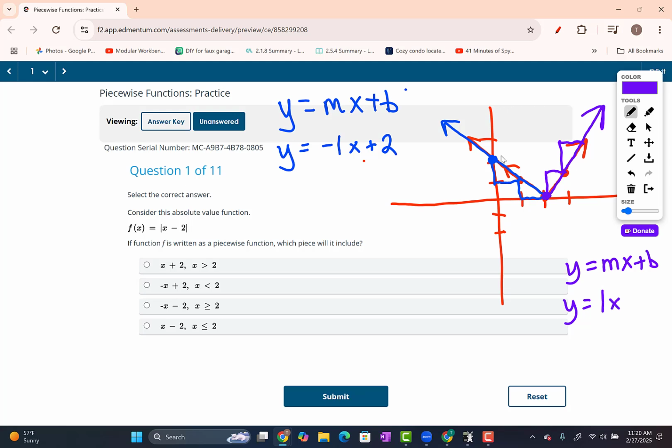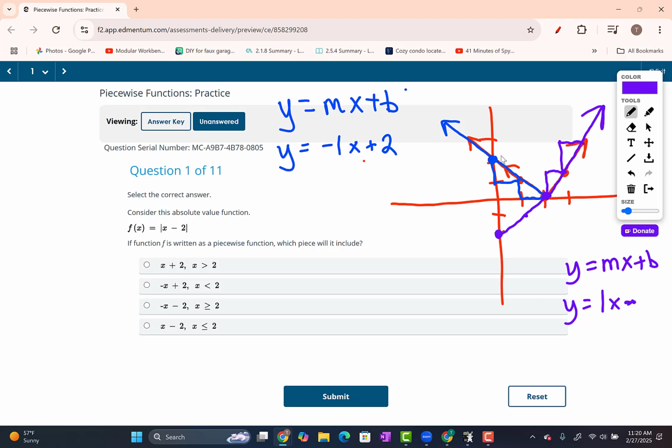Y-intercept is a little trickier to come up with. We've got to extend an imaginary part of this line until it intersects the y-axis. I've not drawn my graph perfectly, but you can kind of see where it's going to cross. It's going to cross right here at negative 2.